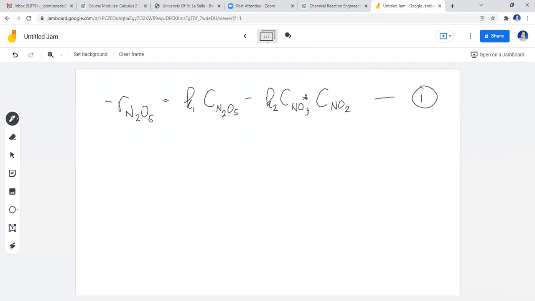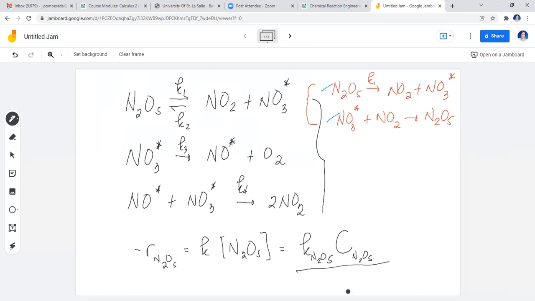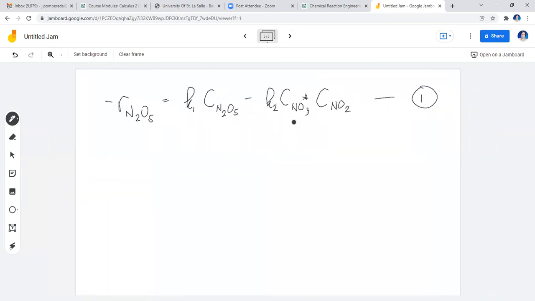Now, the next thing that you do after you have written the net rate equation based on the species appearing in the rate law that you need to prove correlation with your mechanism is that you set up equations that would be a source of an equivalent expression for the concentration of the intermediate that appears here in our first equation.